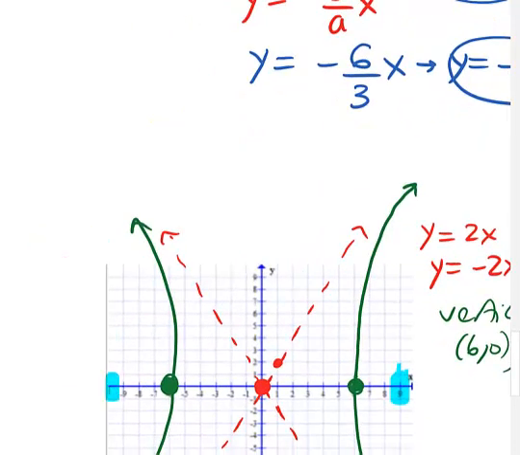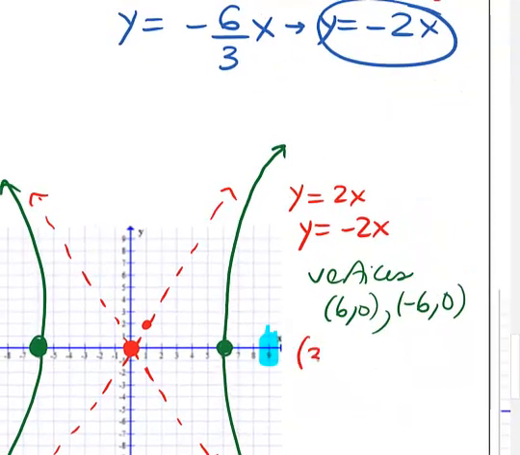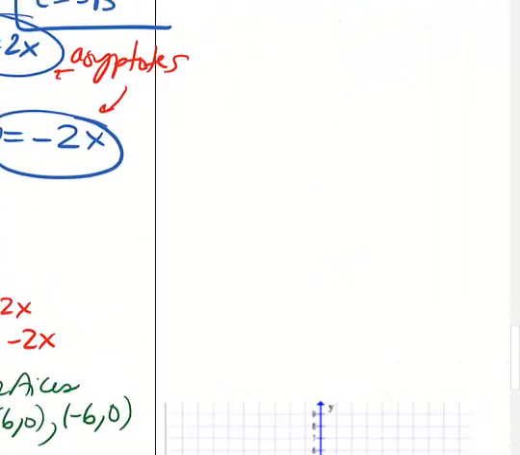Because the foci, you don't really need them to see what the graph looks like, but I guess they wanted us to identify them. This is negative 3 root 5, comma 0. That's one focus, and then the other was positive 3 root 5, comma 0. Somewhere around there. It's not a pretty number, but it's some decimal value. All right, let's try that again on this next one here.